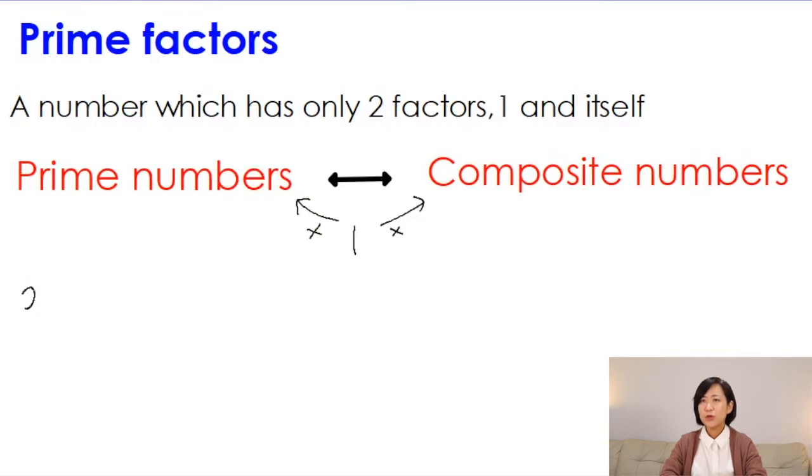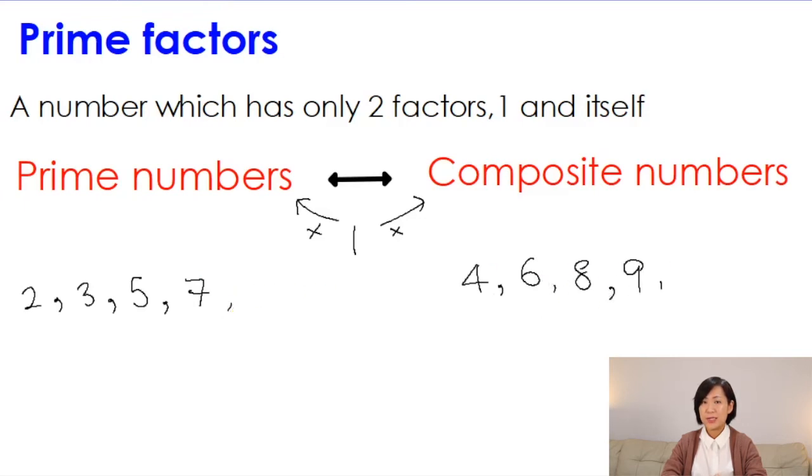Now 2 is a prime number because it has 1 and 2, 1 and itself, as factors. 3 as well. But 4 is a composite number because 1, 2, 4 are its factors, so it has 2 as a factor. Then 5, 6, 7, 8. As you can see, in the 2 times table, the even numbers are all composite numbers, right?